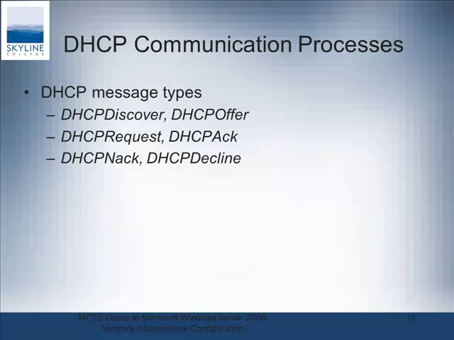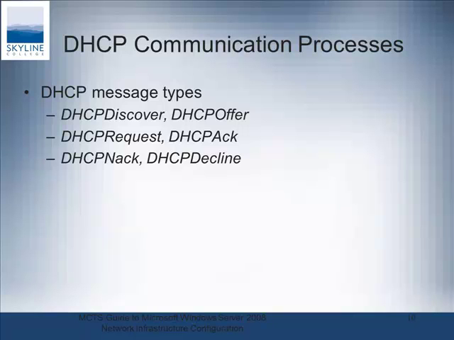And it sends it from port what? 68. Sends it to port 67. All right? I'll try to get these ports in here. The DHCP server, and if there is more than one DHCP server, we'll say DHCP servers, get that discover. They then send, all of them that get it, send a DHCP offer.